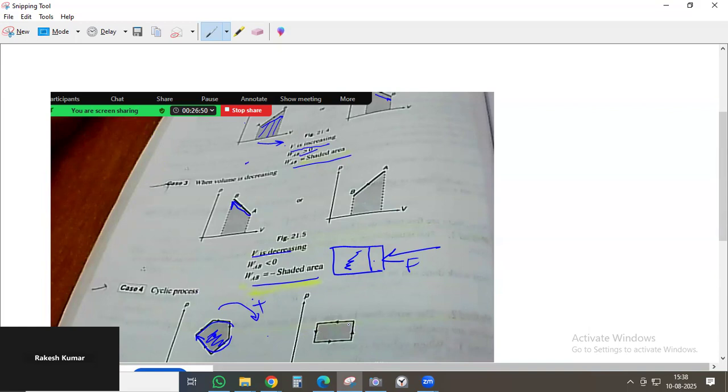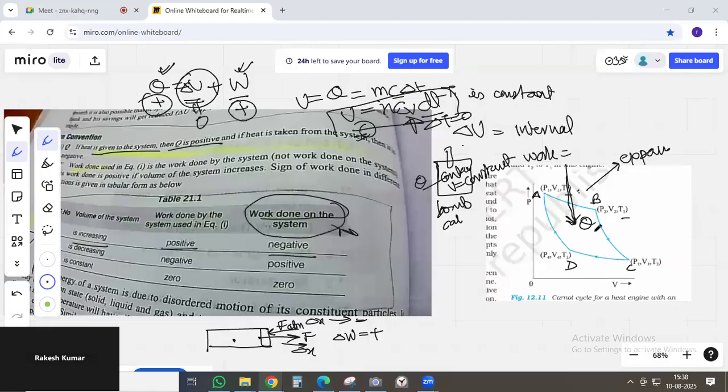Why? Because if you're going from here to here, then this is negative work and this is positive work, so the positive work is less than the negative work. So the direction is also relevant. Here it's clockwise, and that's why the work is this.